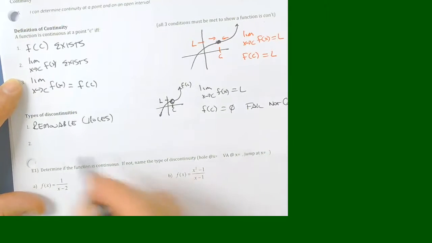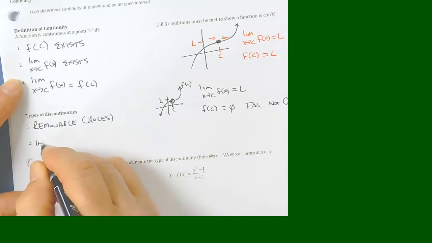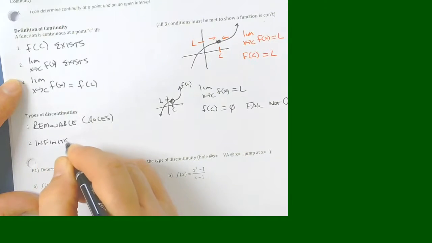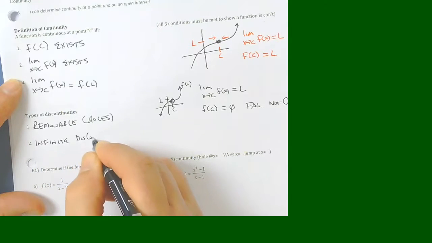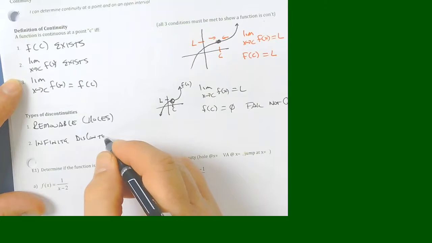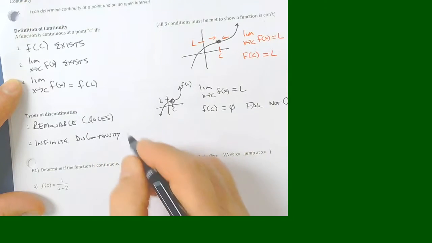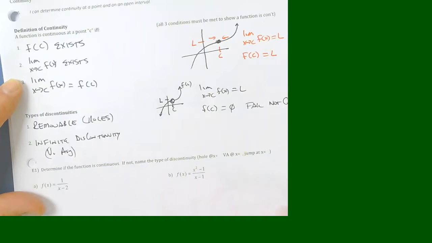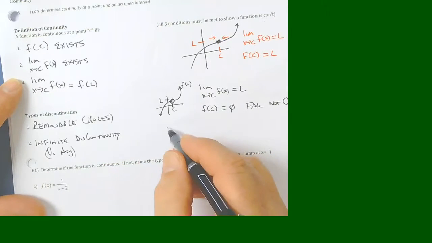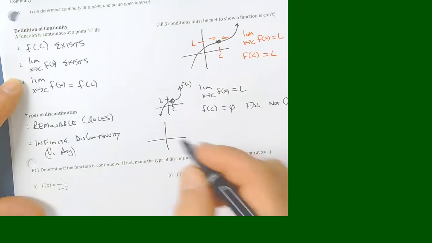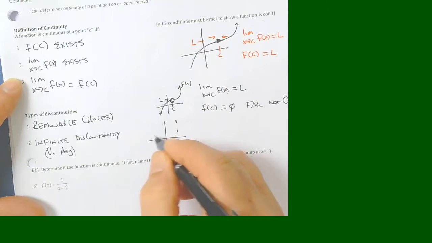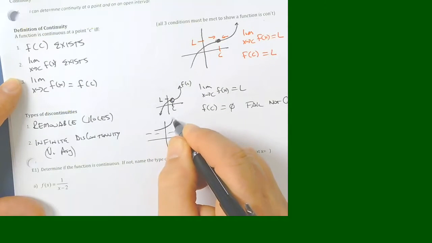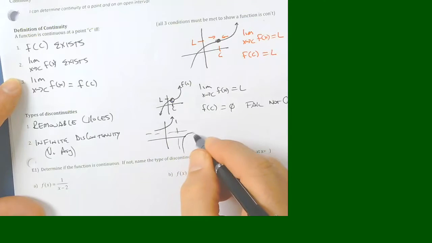What else do we have? We have infinite discontinuities. We think of those as vertical asymptotes. What does that look like? We have an asymptote. We probably have a horizontal. We look something like that.